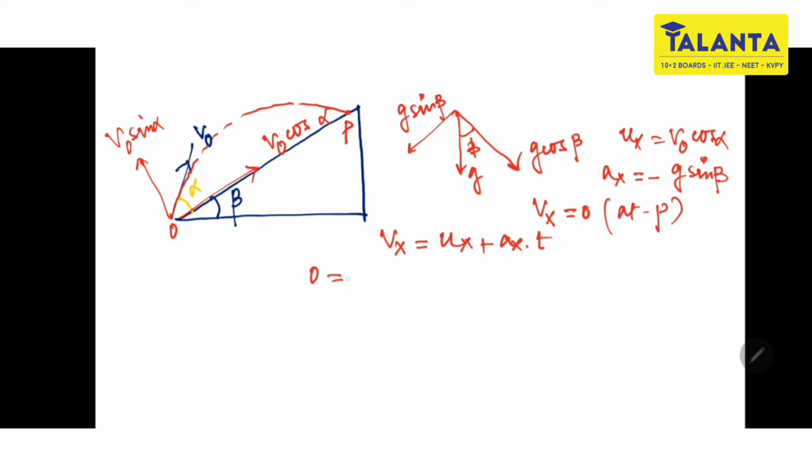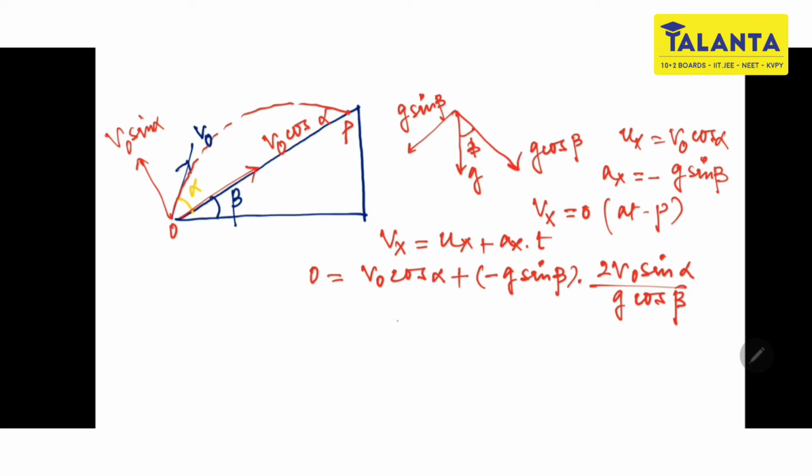Here Vx is 0, Ux is V0 cos alpha, Ax is minus g sin beta, and the value of t is 2V0 sin alpha by g cos beta. Now solving this, we get 2 tan alpha equals cot beta. This is the relationship between alpha and beta if the projectile strikes the inclined plane perpendicularly.